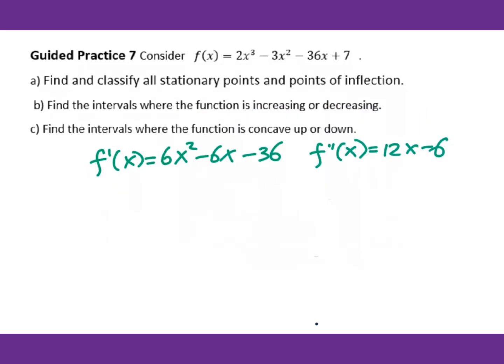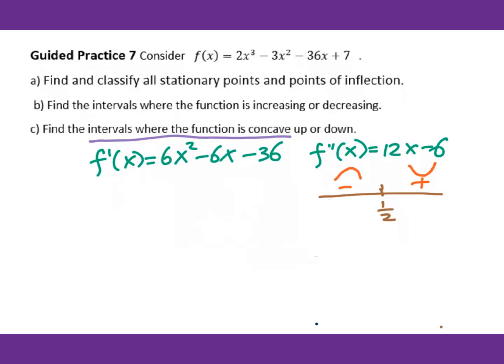Now let's go to part C. Find the intervals where the function is concave up or concave down. You just need to check the sign diagram for the second derivative. We have 1/2. Then here's positive and this is negative, which means concave up, concave down.